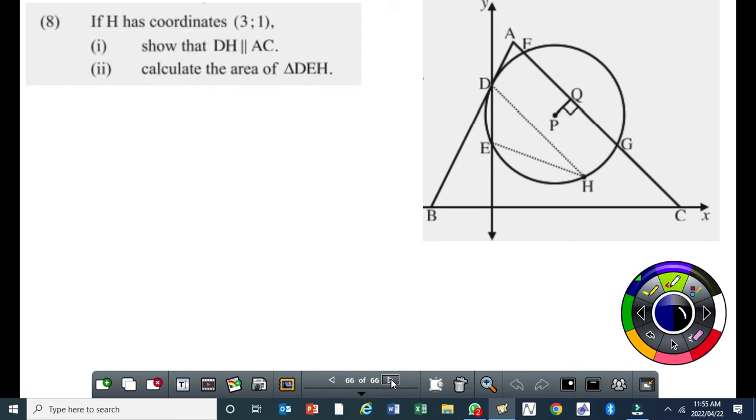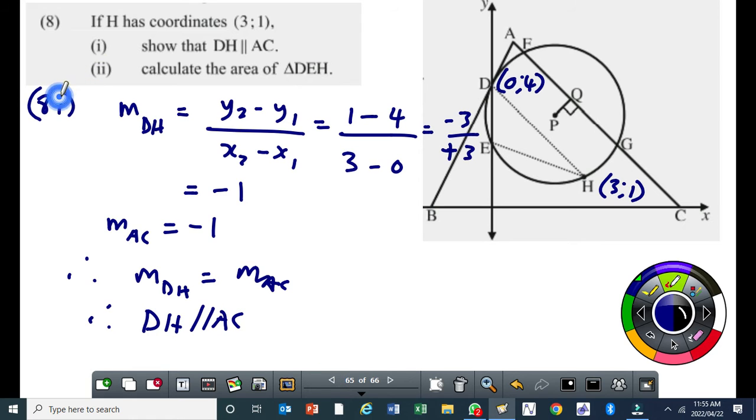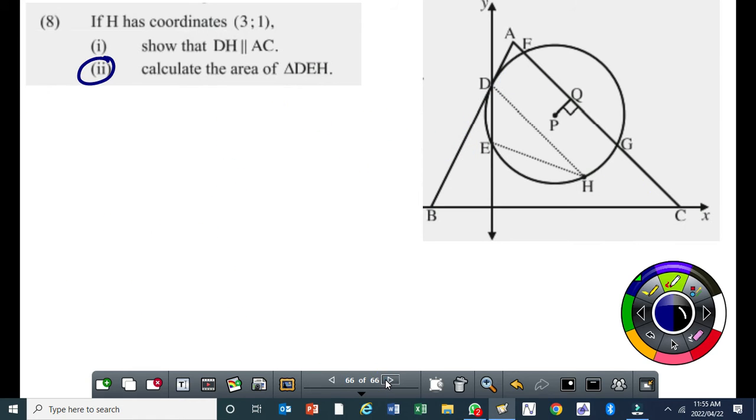Then, number 2. So here I've done the first one, for number 8. Then calculate the area of DEH. Right? Now, if you go to the diagram, DEH is this triangle. That's DEH.